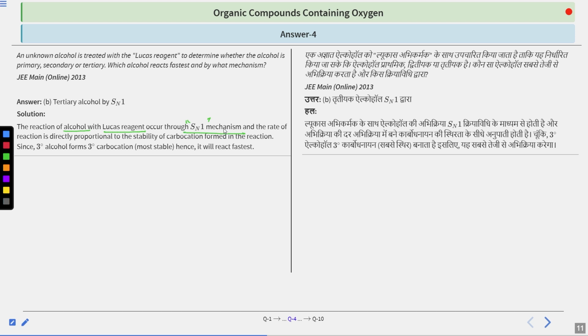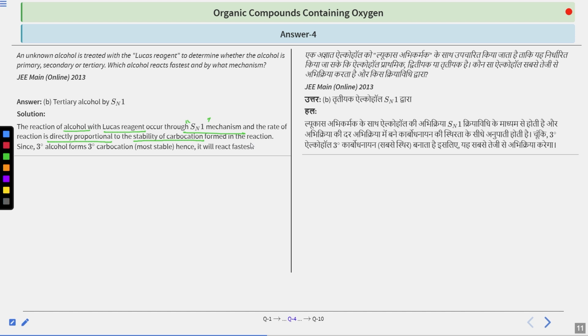When an alcohol reacts with Lucas reagent, they follow the SN1 mechanism, and the rate of reaction is directly dependent on the stability of the carbocation formed in the reaction.